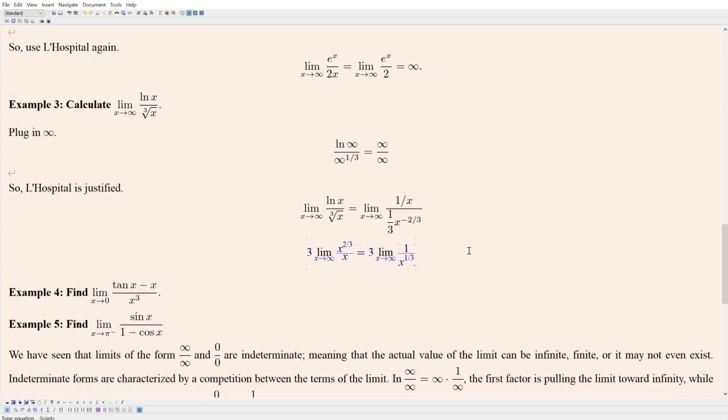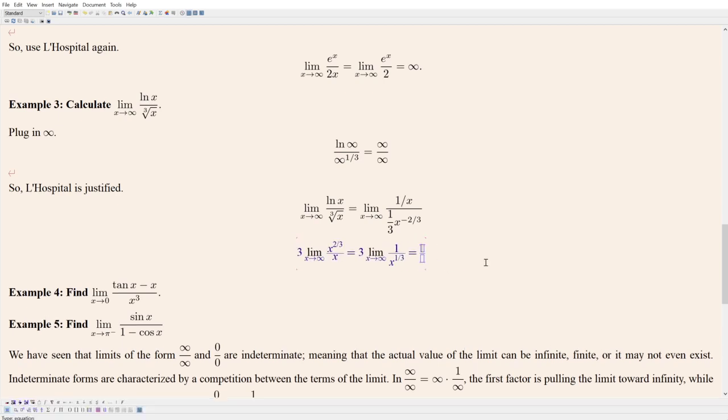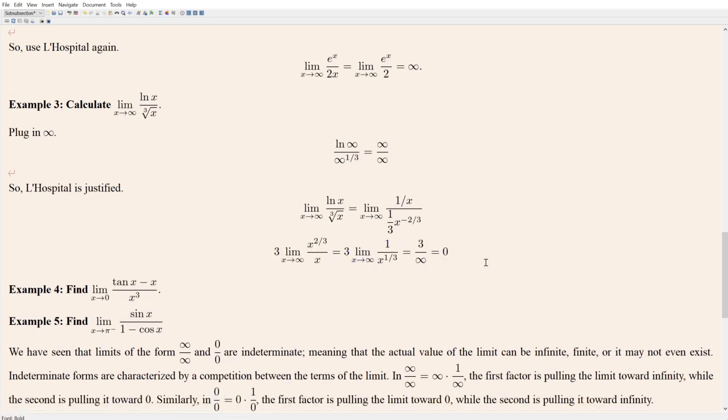So we end up with this. Okay, so this denominator explodes to infinity, so we have 1 over infinity, which is 0. Or 3 over infinity, but whatever, same deal. So this whole guy ends up being 0.